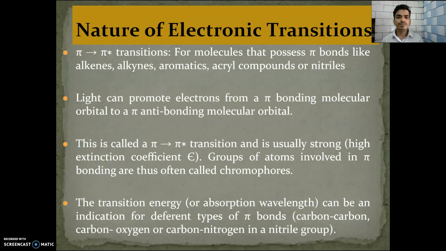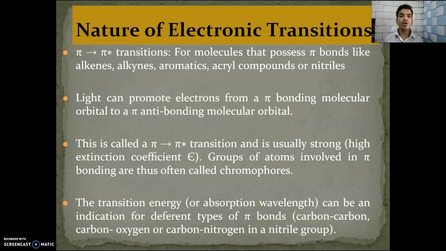Then next is the nature of the electronic transition in pi to pi star. If you consider a molecule that possesses a pi bond, like alkene, alkyne, aromatic, acyl compound or nitrile, these are double bond containing compounds. So pi is the first state, a bonding state, and it goes to the anti-bonding excited state, pi star. So light can promote an electron from a pi bonding molecular orbital to a pi star anti-bonding orbital.